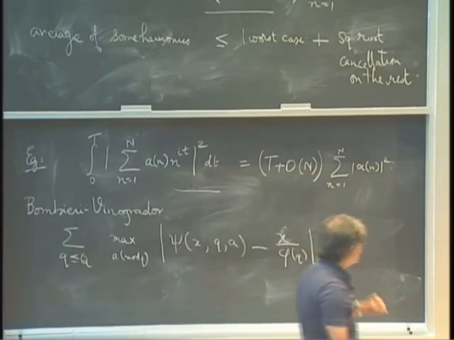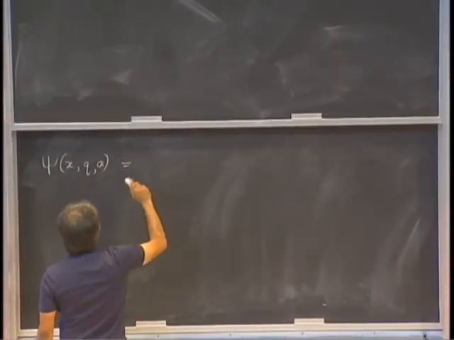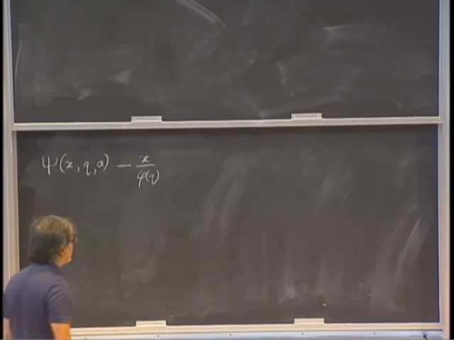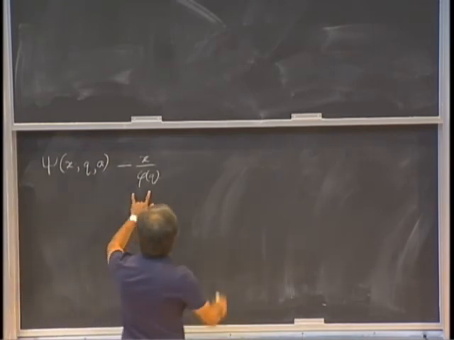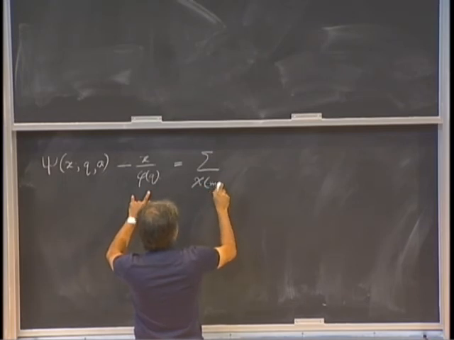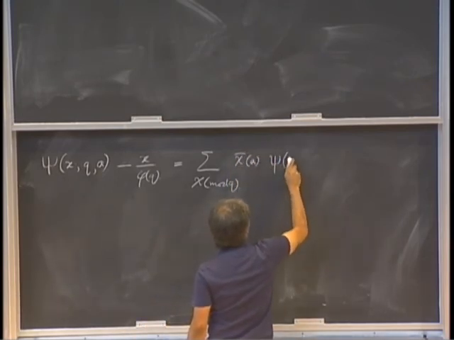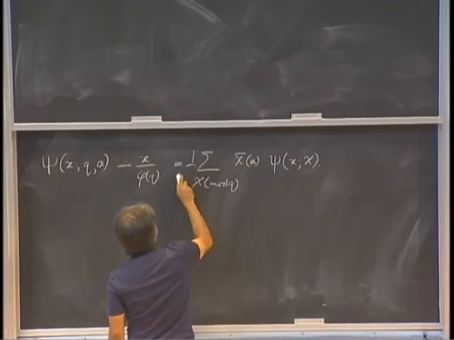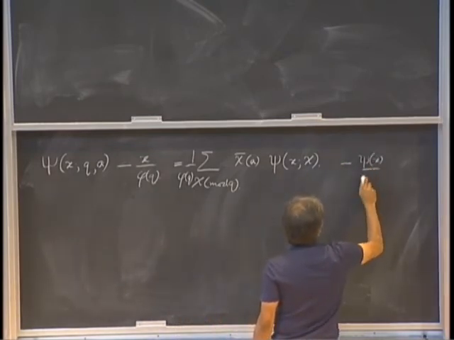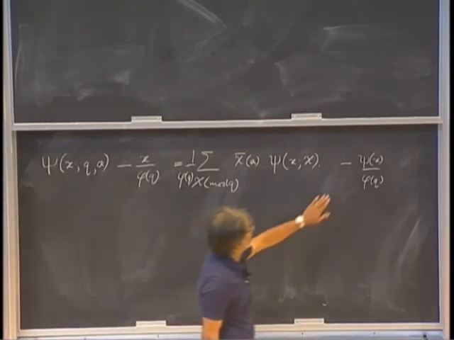So by the orthogonality relation, I know that psi(x; q, a), let's subtract out the main term, minus x over phi of q, is going to be bounded by the sum over all characters chi mod q of chi bar of a, psi(x, chi) minus this psi of x over phi of q. I should just have said minus x over phi of q, say, right?